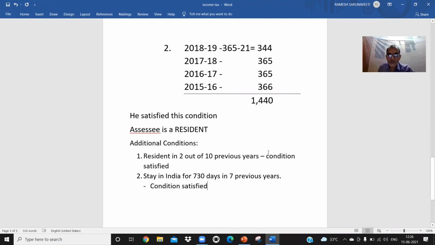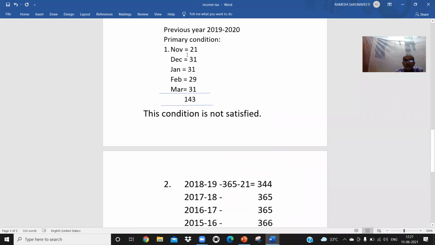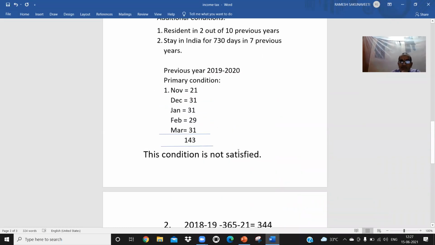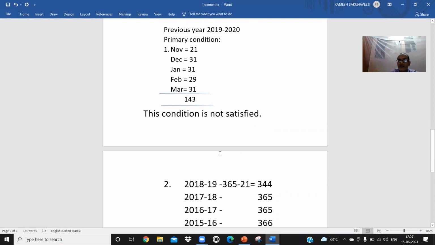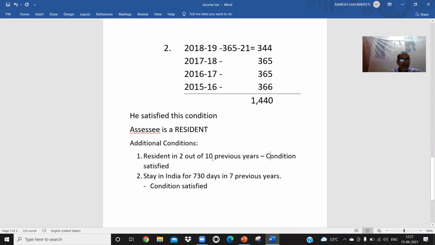So what the assessee has done: one primary condition he has satisfied, and both the two additional conditions are satisfied by the assessee. You note down these points up to now.